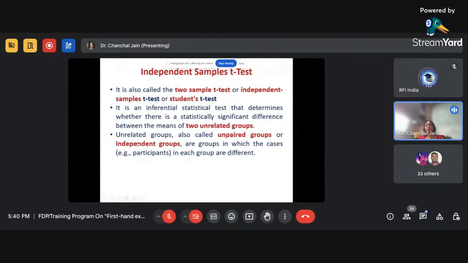It is written: unrelated groups, also called unpaired groups or independent groups, are groups in which the cases in each group are different. So you can now make sense of this line. A particular person can be part of only one group, not the second group. In that way you can satisfy this condition of the independent samples t-test.